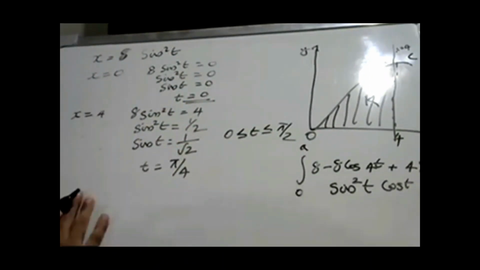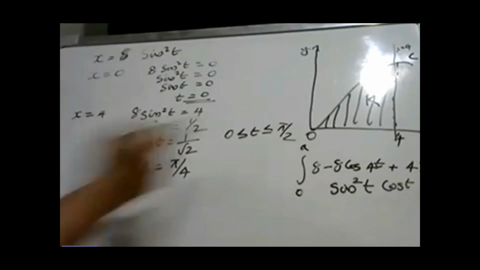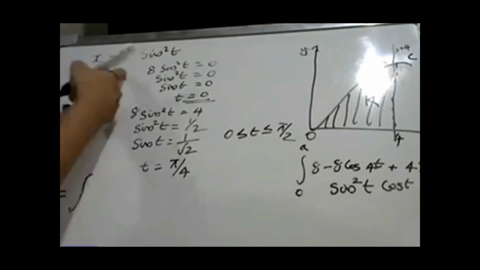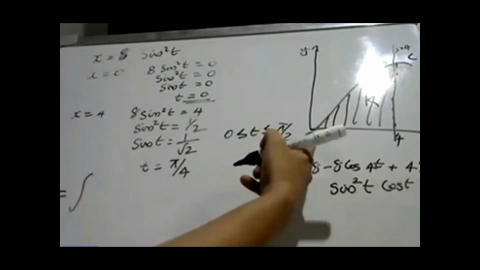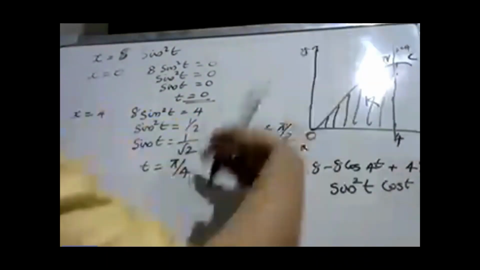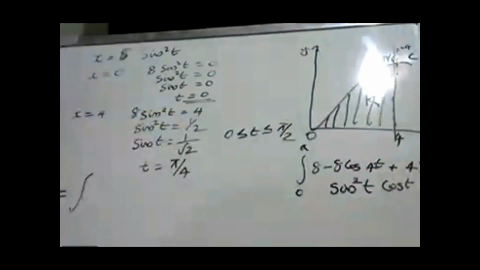So now we can calculate the area. Area R is equal to the integral, and instead of 0 and 4, we are replacing the limits with t equals 0 to t equals pi over 4.